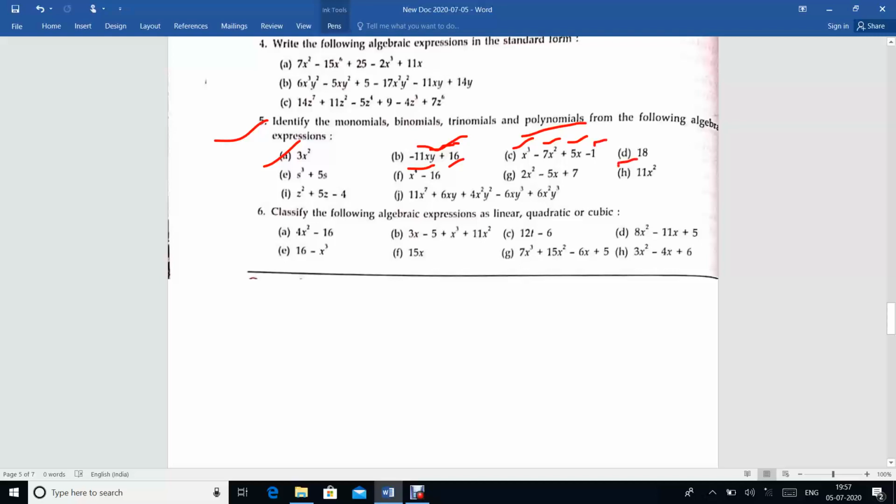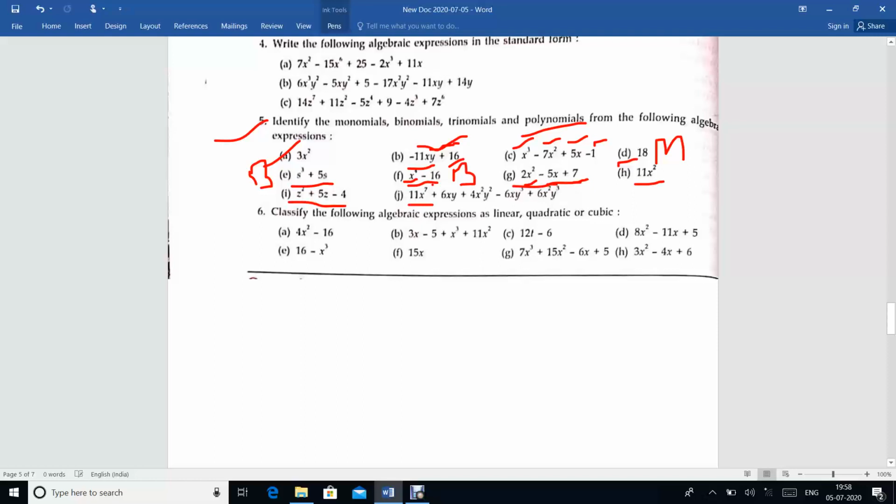18. Only one term, means it is monomial. Here only two terms, means it is binomial. F part also containing two terms, 1 and 2, so it is binomial. It is containing three terms, 1, 2, 3, so it is trinomial. It is monomial, trinomial.